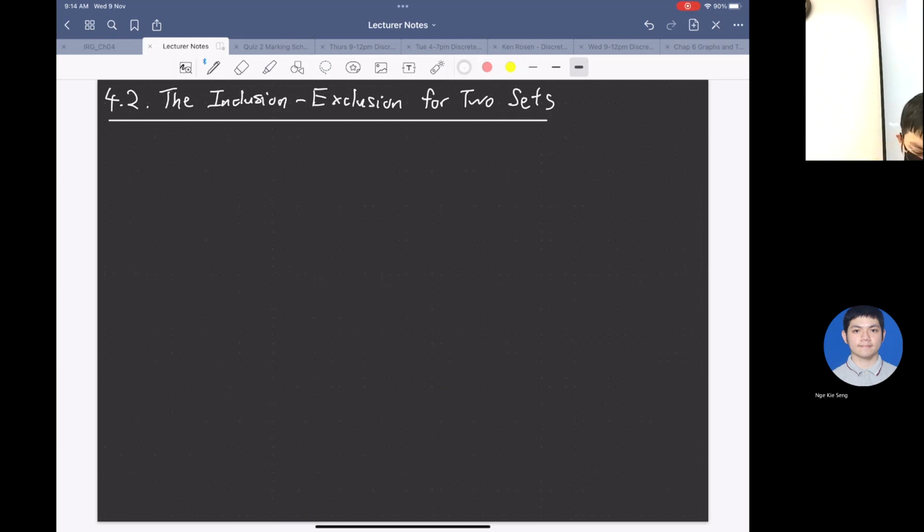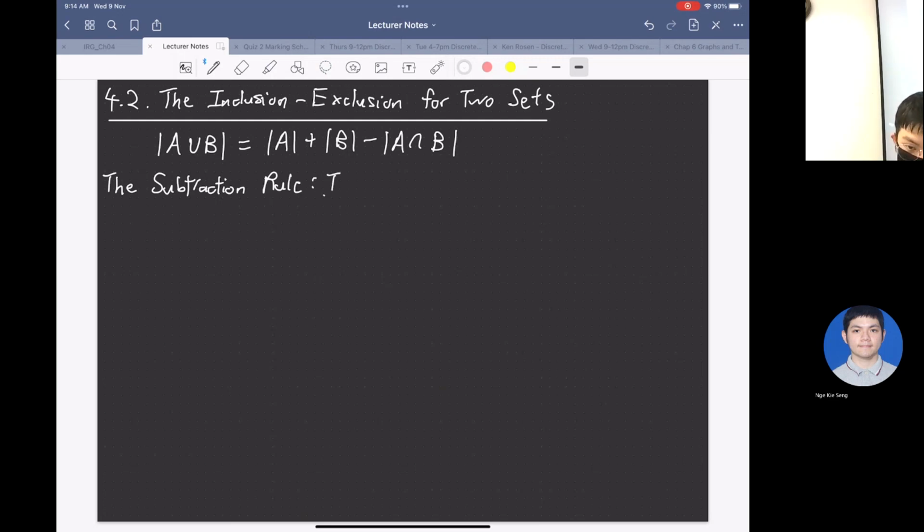What we had last time is A union B is equal to A plus B minus A intersection B. This is called the subtraction rule. Just now we excluded the possibility of intersection.